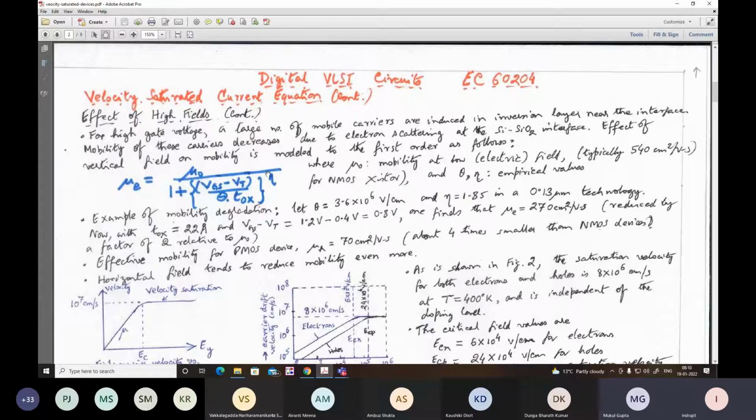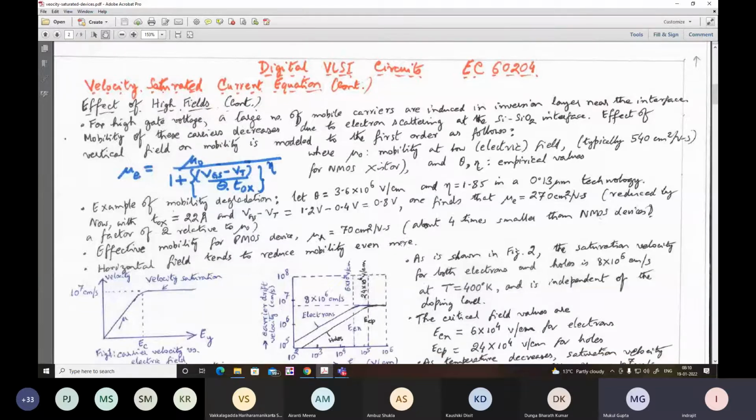It suffices to know that it is the low field mobility. If it's say 540 centimeters square per volt second, when the electric field becomes as high as 10 to the power 5 volt per centimeter, it can come down by a factor of 2. From 540, it comes down to 270 centimeters square per volt second.